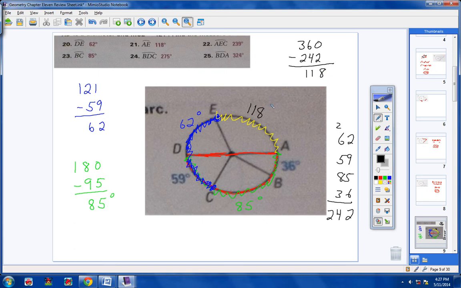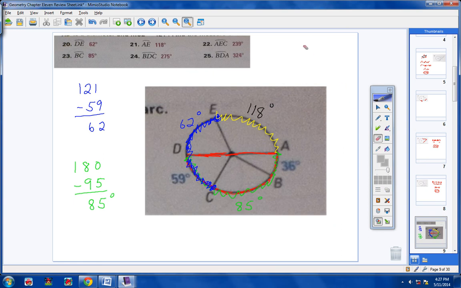So there we go. So instead of looking up here, students, and trying to find arc DE or arc AE or arc BCD, I just went around and found all the arcs. Now I can very quickly, using this information, go through and answer each question pretty quickly. For example, number 20, arc DE.